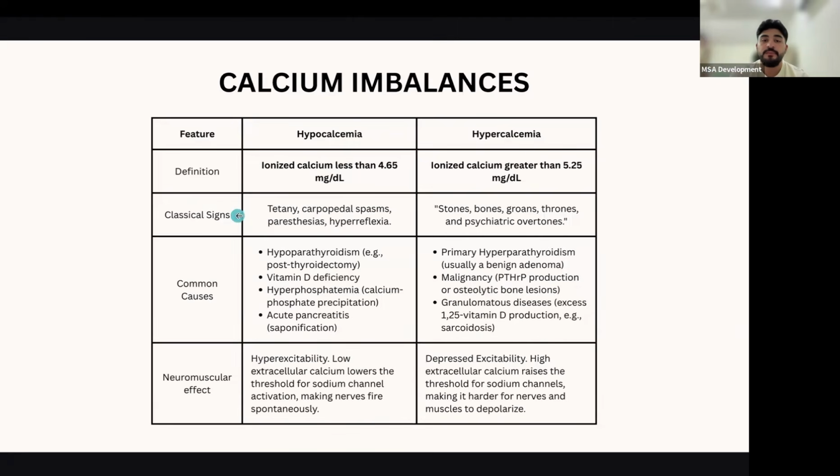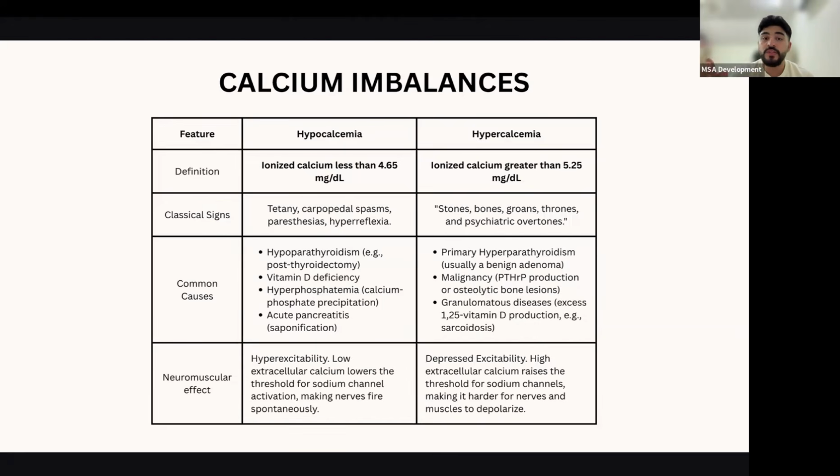For hypocalcemia, you're having hyperexcitability, because when you have low calcium, you are lowering the threshold for sodium channel activation. So it's easier for these neurons to pick up an action potential, and they fire simultaneously.